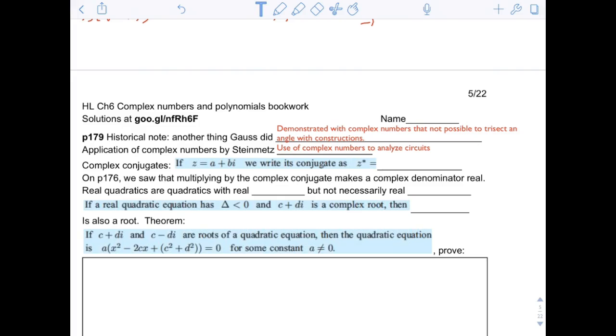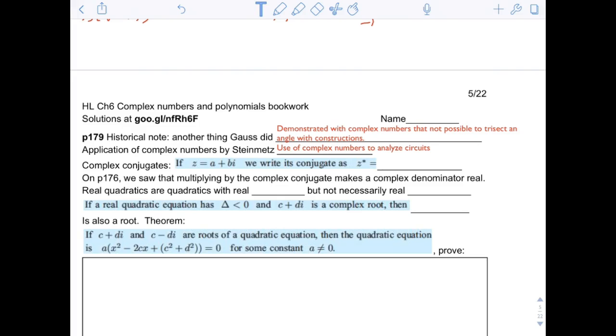Because of that, you're going to use complex numbers as a convenient shortcut notation to represent phase delayed trig functions, and we can talk about that in class if you'd like to.